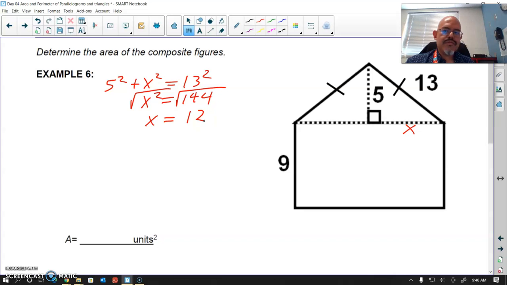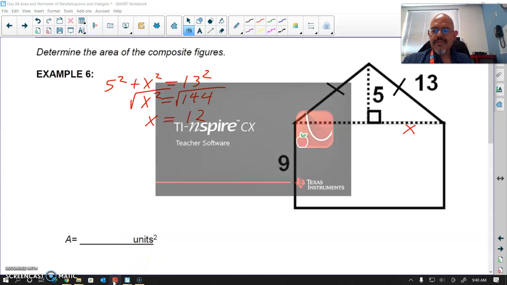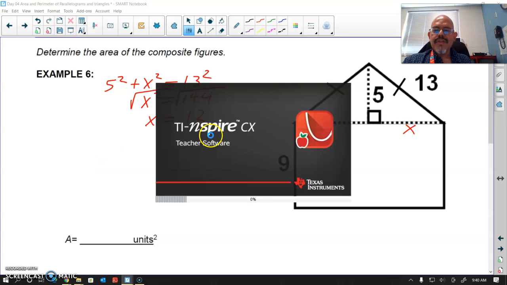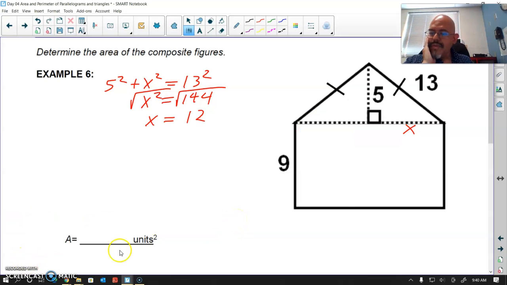If that was a little bit too quick, I don't want to start the calculator because that takes a little bit of time. So let's see what that is. That's going to be 12 and 12. So this is 12 units.